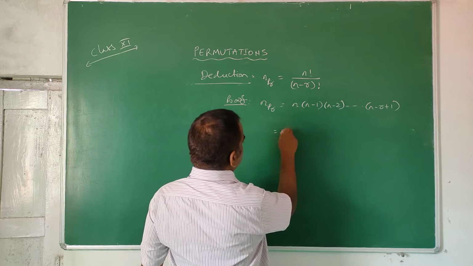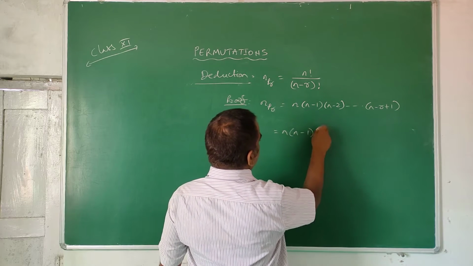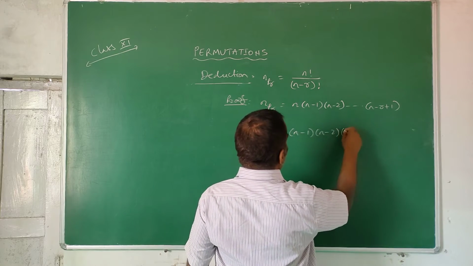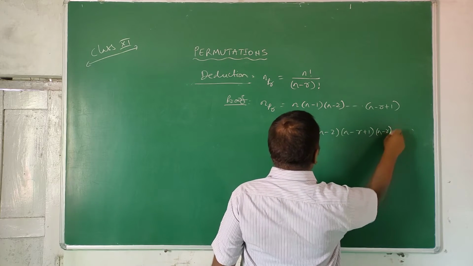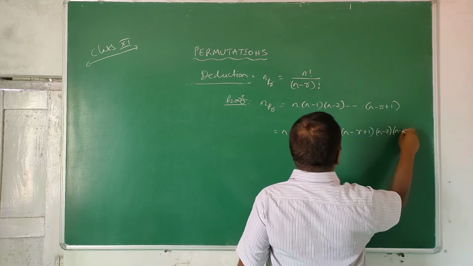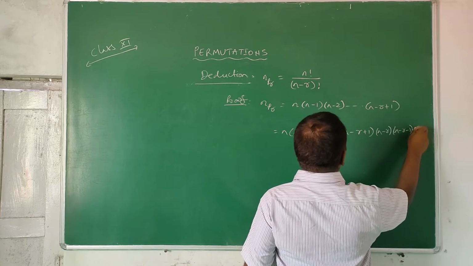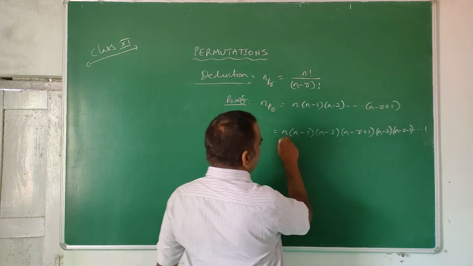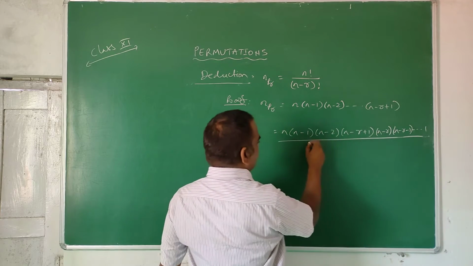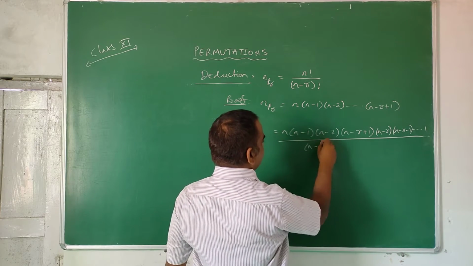Now you extend this continued product till 1, so that you have to divide by the same quantity.